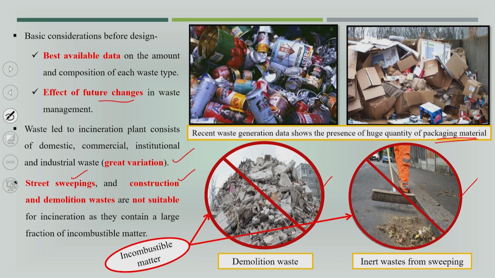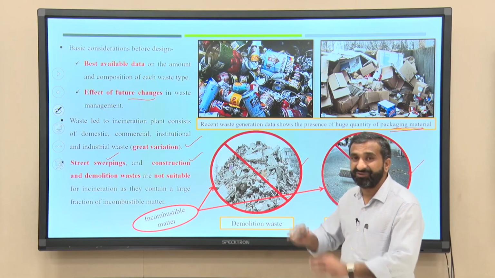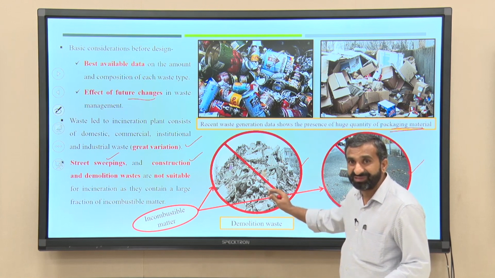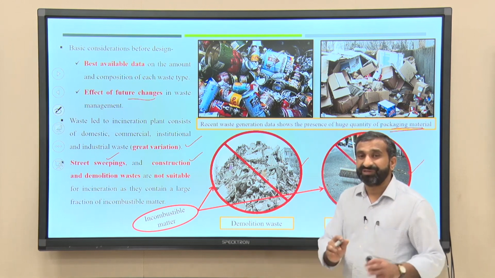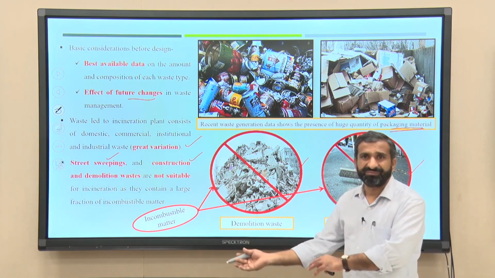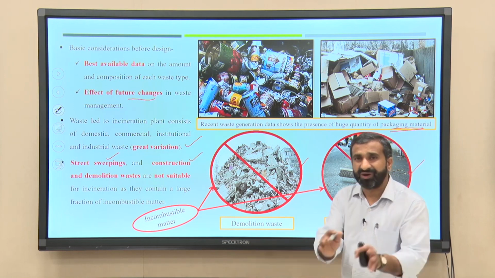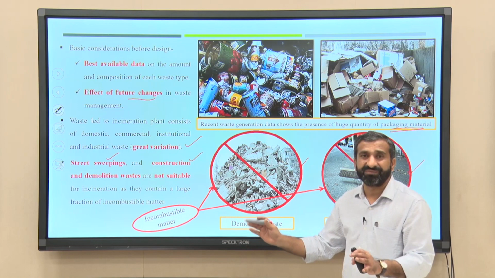Okay. So, you can see here that domestic demolition waste, and especially street sweeping waste, is not feasible for the combustion process. Again, this is a very important issue: if you are planning for an incineration process, you need to know these considerations. When you collect mixed waste, the dry waste will go to the incineration facility, but not all kinds of dry waste should go to the incineration plant.